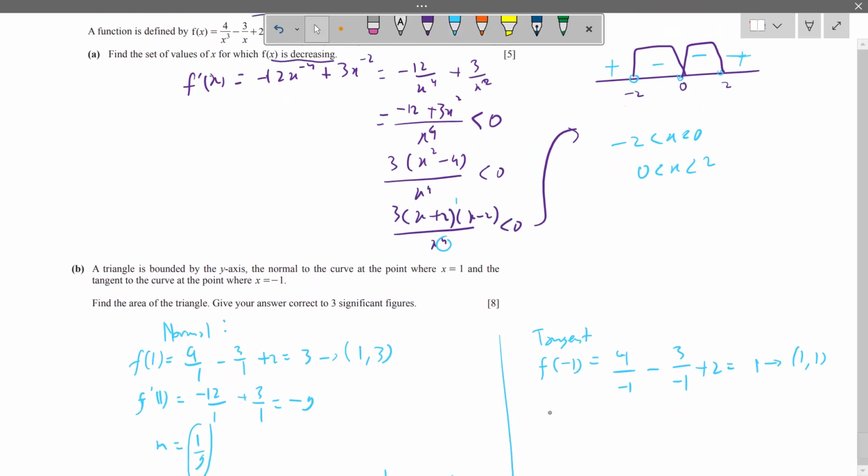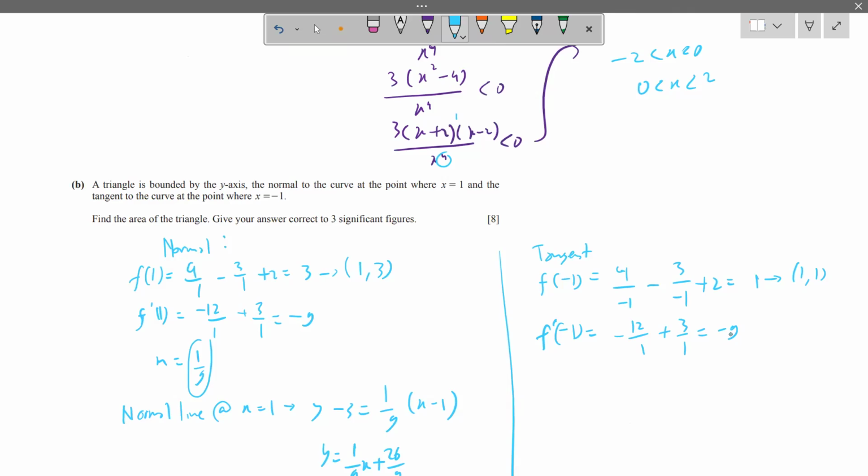And then the derivative at this point is minus 12 over 1 plus 3 over 1, which is negative 9. Wait, this is actually at negative 1. So the line has a gradient of negative 9 and passes through this point.